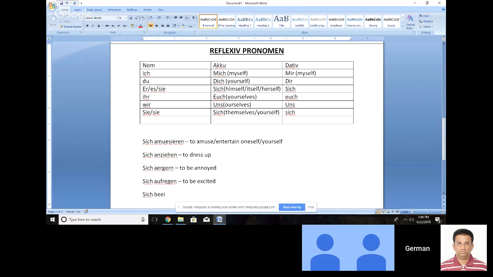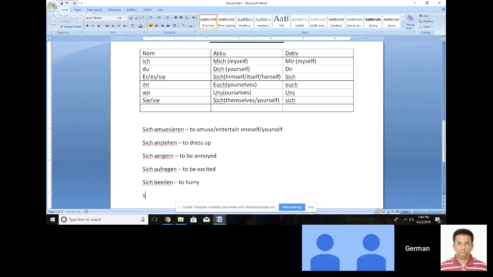Sich beeilen is to hurry. Sich begrüßen, u umlaut, is to greet.